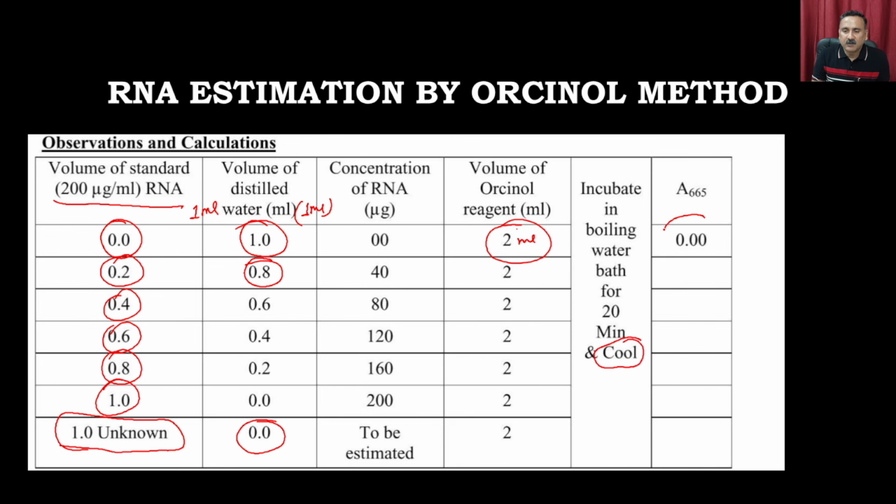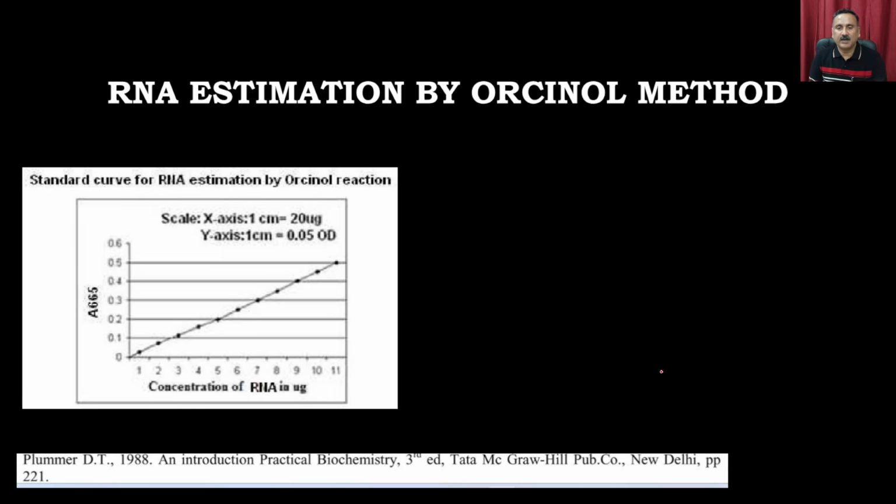The absorbance you get for the 0 RNA is treated as the blank, right? And this has to be subtracted. Although you're not going to get 0 values, you subtract that value, so it's going to be 0. And then you're going to have some values for the other concentrations and for the unknown as well. Using these values you can draw a calibration curve.